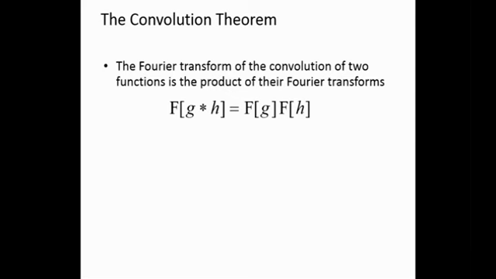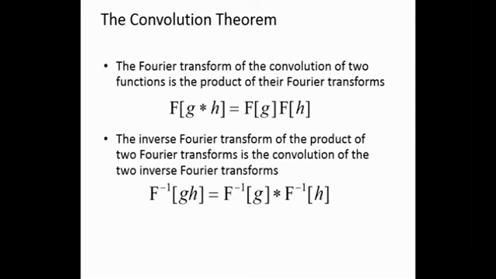And then if I want to get back the filtered image, I can use the inverse Fourier transform, because the inverse Fourier transform of the product of two Fourier transforms is the convolution of the two functions. So I can nicely use Fourier transforms to do filtering and then get back the filtered image.